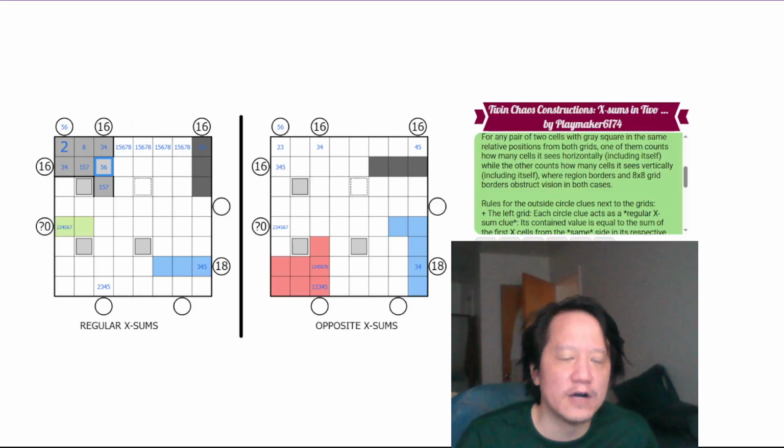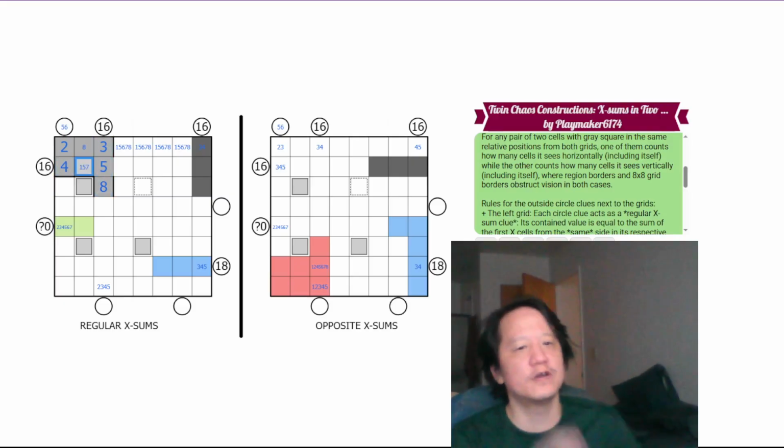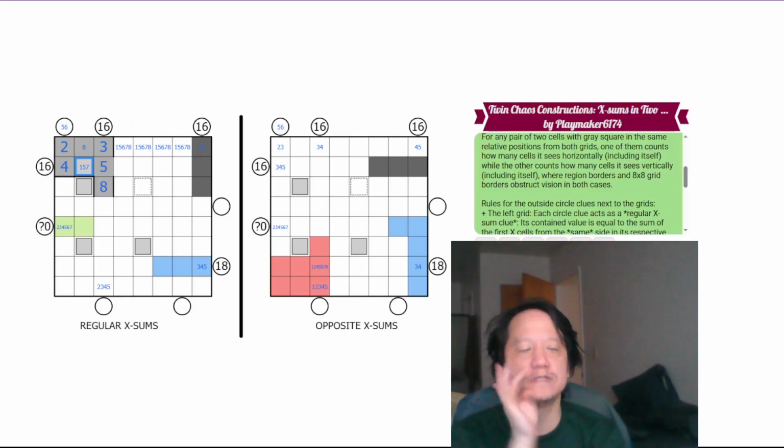What about 5? Can we have 3, 5, and 8? That would make 4 there. Remaining digits in that row, in that set of 4, adding up to 16, is 16 minus 9 is 7.